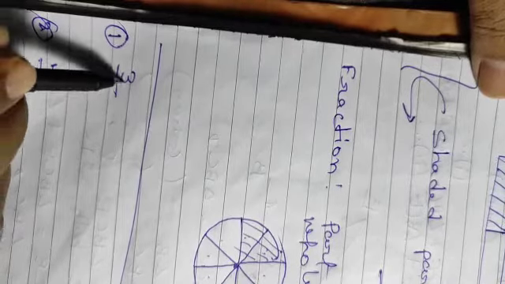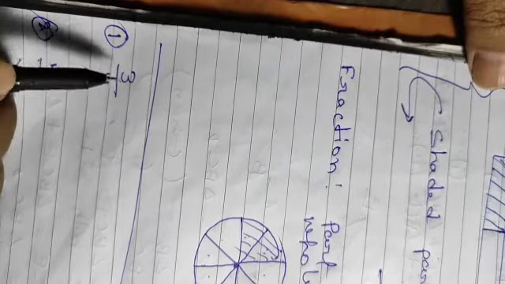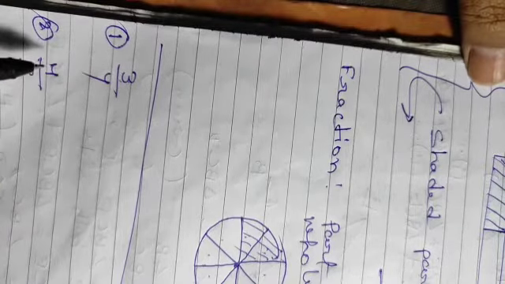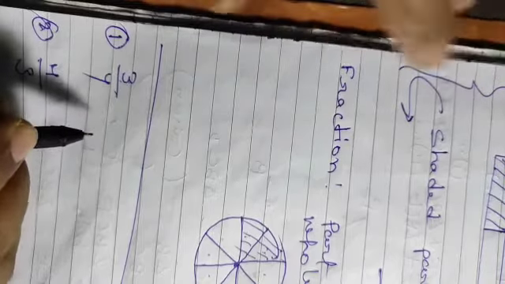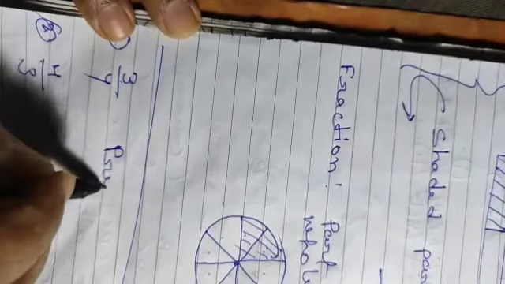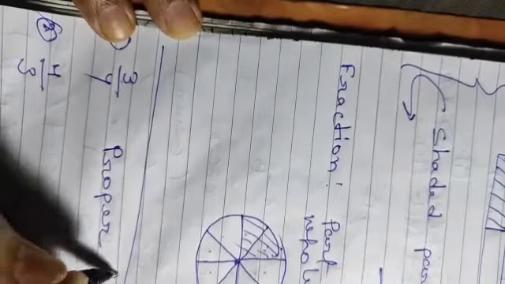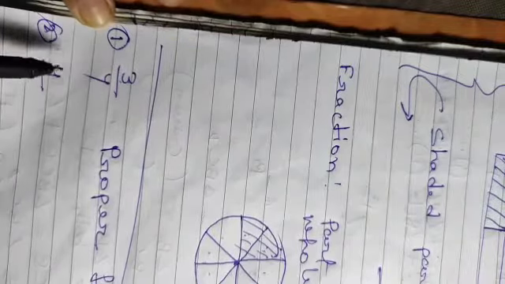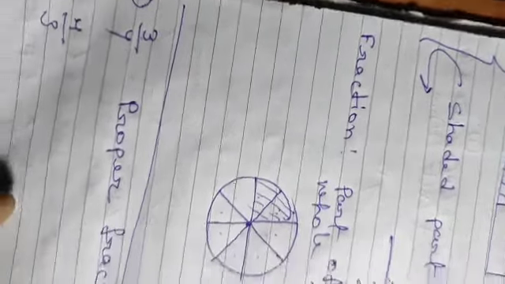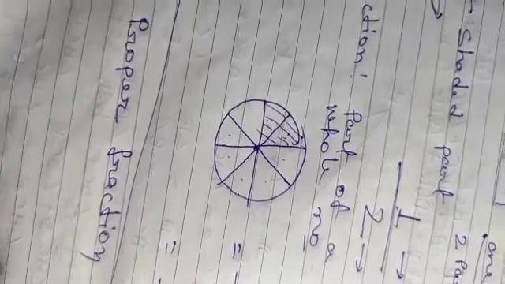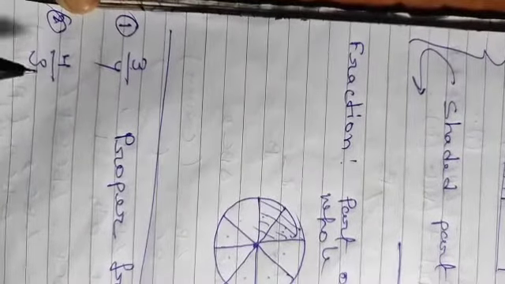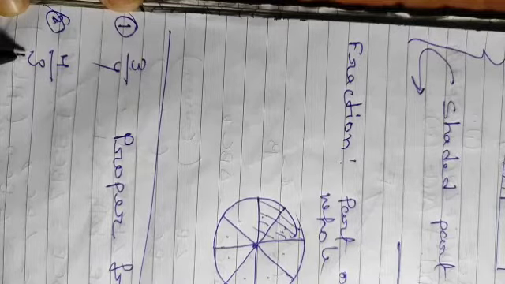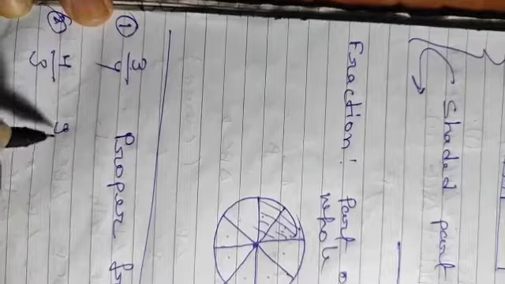Means the numerator is smaller than the denominator. If the numerator is smaller than the denominator, such a fraction is called a proper fraction. And if the numerator is greater than the denominator, then it is called an improper fraction.